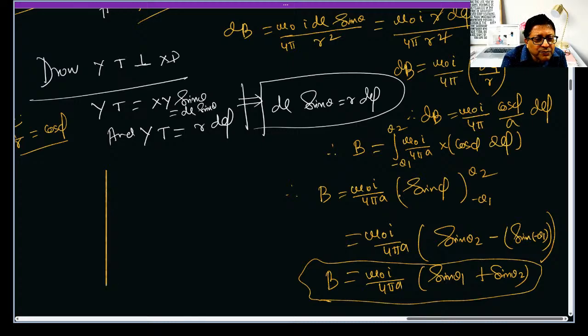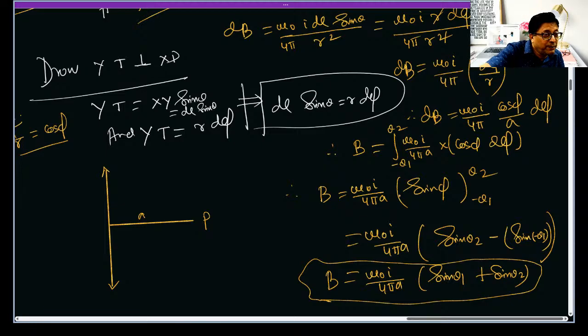Can I write theta 1, theta 2 for it? A long straight wire extends up to infinity both ways. There is no boundary over there. It is not stopped here, it is continuing. P is the point, this is a. I want to cover the whole wire.